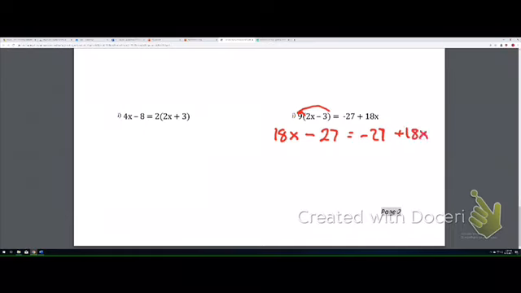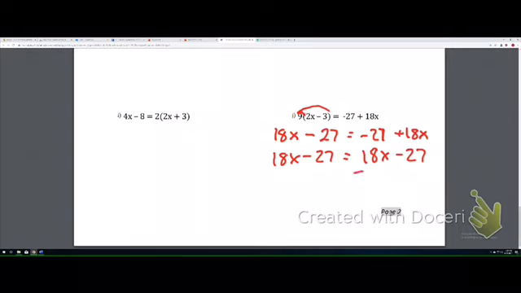If you look at this problem, it looks really similar, doesn't it? If we were to rearrange this right side, we have our 18x minus 27. If we were to slightly arrange it to make it look the same as the left side, we would have 18x minus 27. So if we were to work this entire thing out, let's start with our variables.